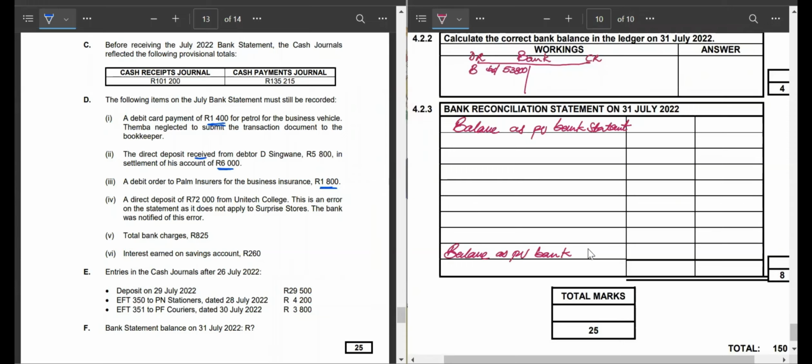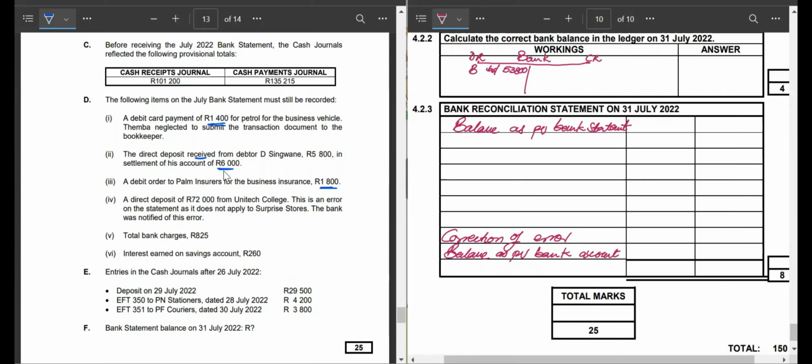That is how I would do my BRS. And then immediately on top, I would bring the correction of error. So I would come here and say correction of error. There are several ways in which you could do this BRS, so this is just one of the methods.